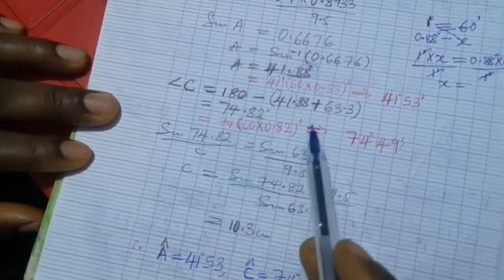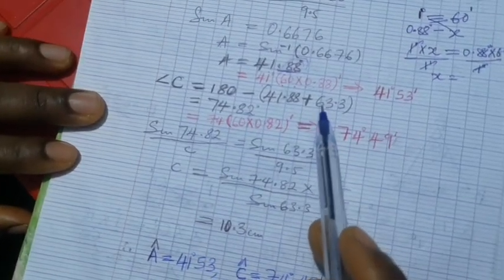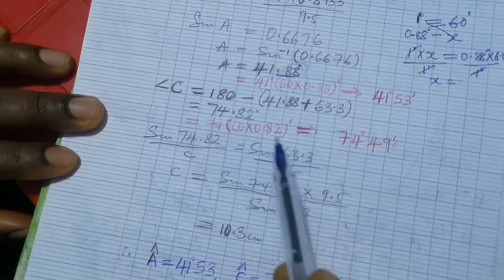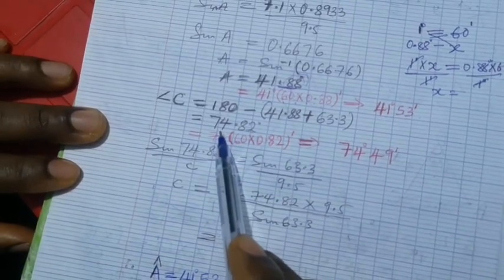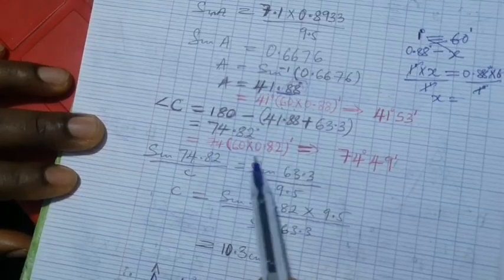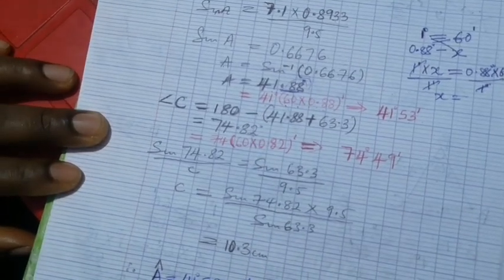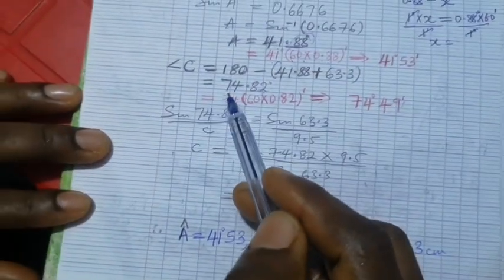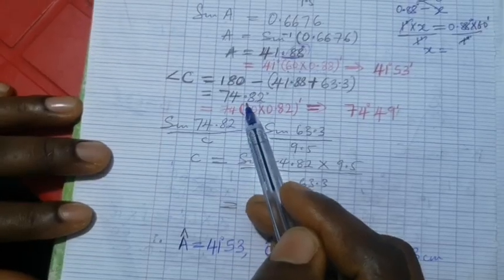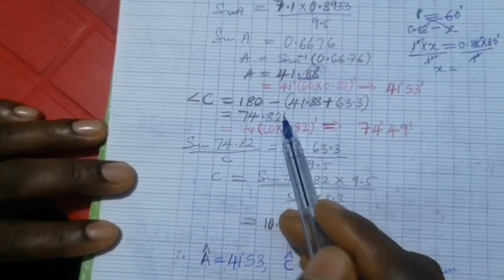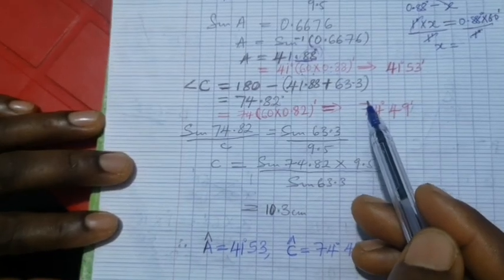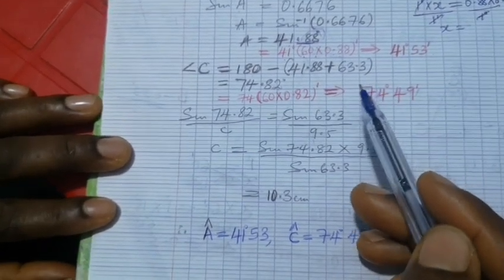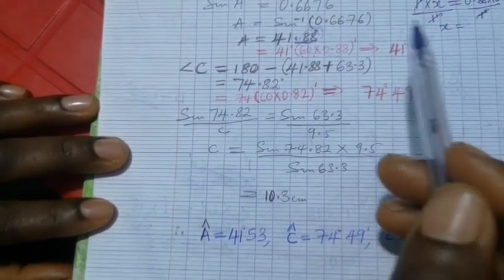Now, since our value was given to us in minutes, we have to also change this 74.82 to what? Minutes. So we are going to convert this 74.82 to degrees and minutes because our value of angle was given to us in degrees and minutes, just like what we did here.